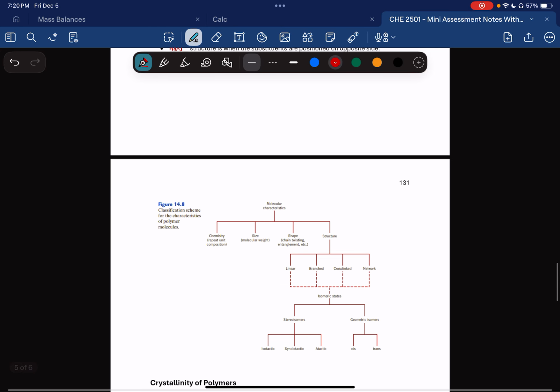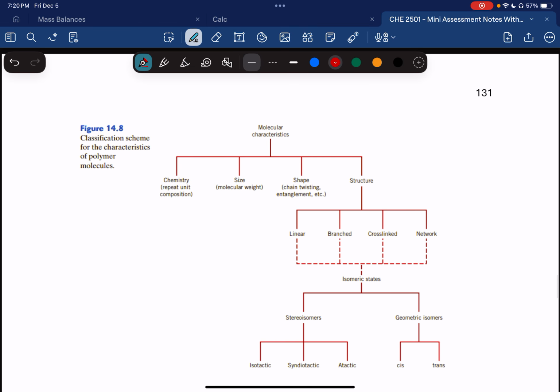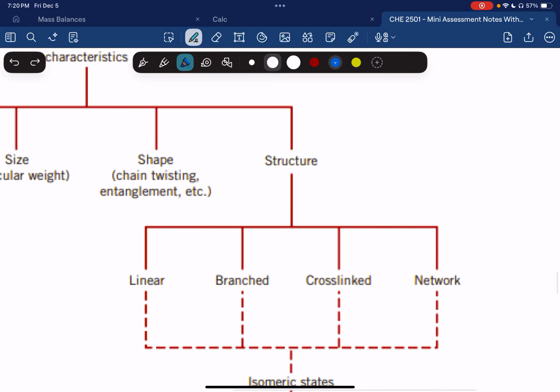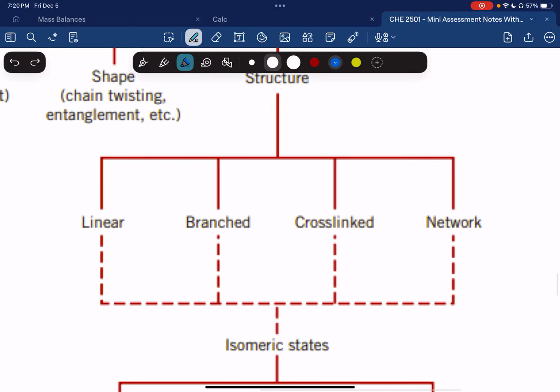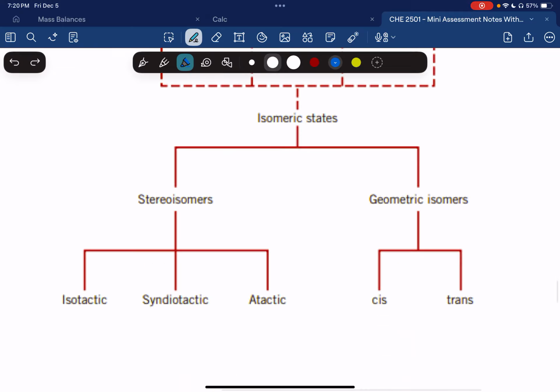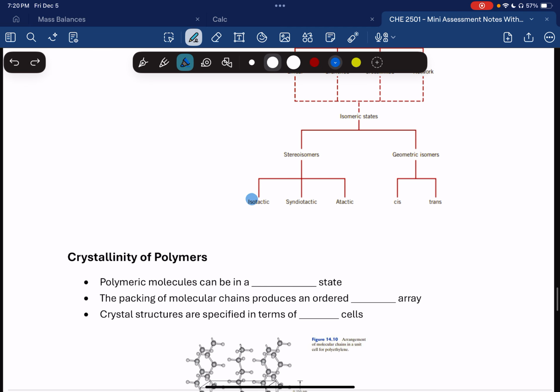Down here, just a little schematic of polymer molecules. You can see up here, molecular characteristics has all these things to take into account. We're really focusing on the structure here. So we saw these types of structure. Now isomeric states: we saw stereoisomers, we saw geometric isomers, cis and trans. And here are the definitions I just gave.